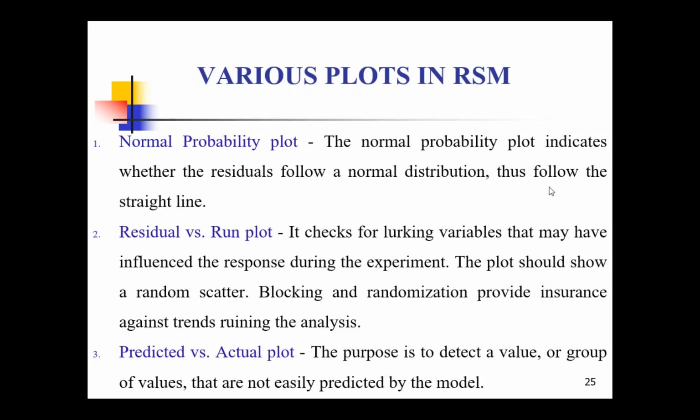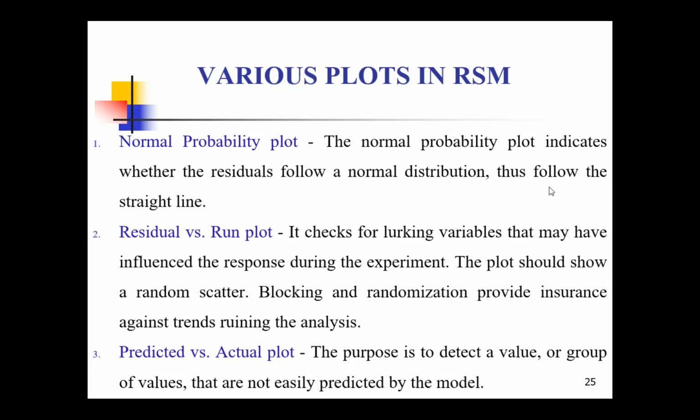An upper limit and a lower limit will be formed automatically, and if the residuals are within that lower and upper limit, then it is good. Also, the plot should be randomly scattered. If it is not randomly scattered, then blocking and randomization will improve the plot.